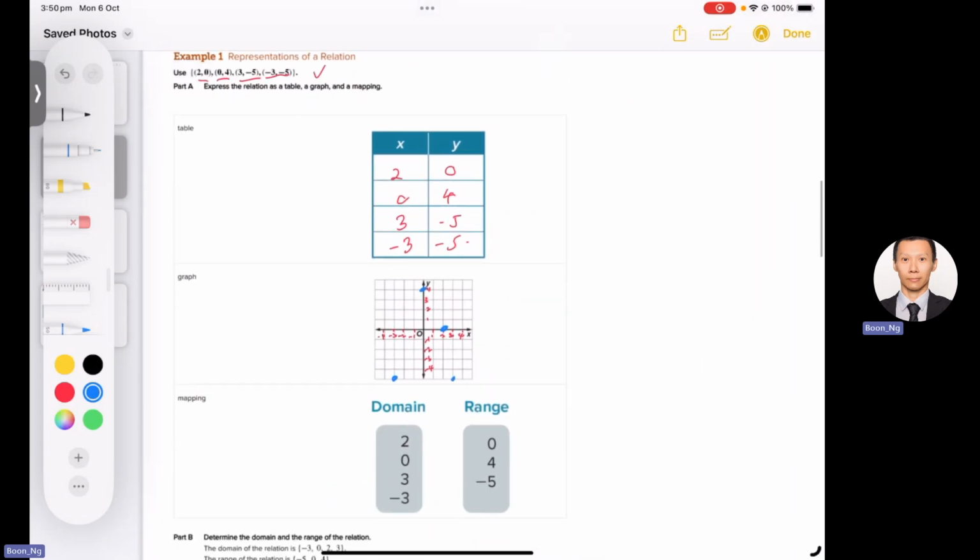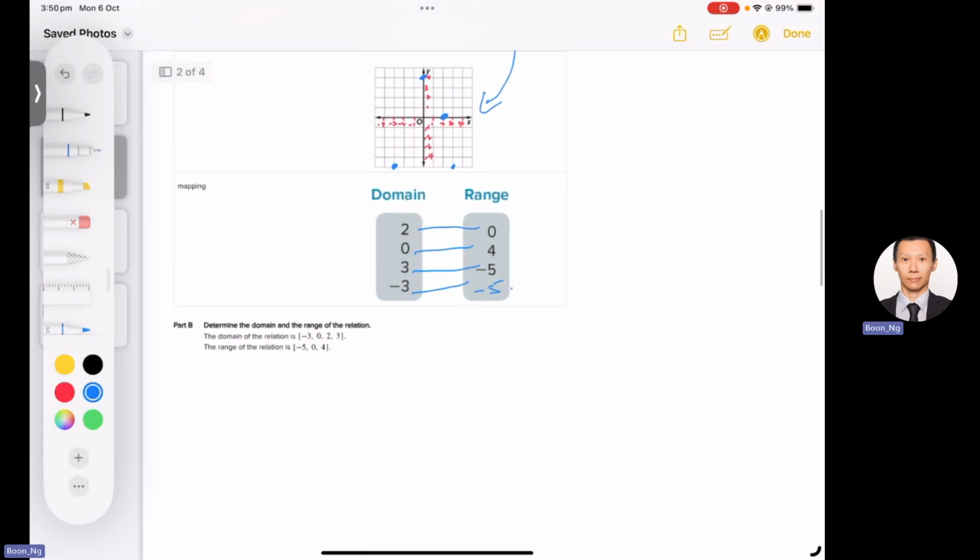Okay, so that is essentially how I convert this into the graph. Now, 2 is to 0, 0 is to 4, 3 is to negative 5, negative 3 is to negative 5.